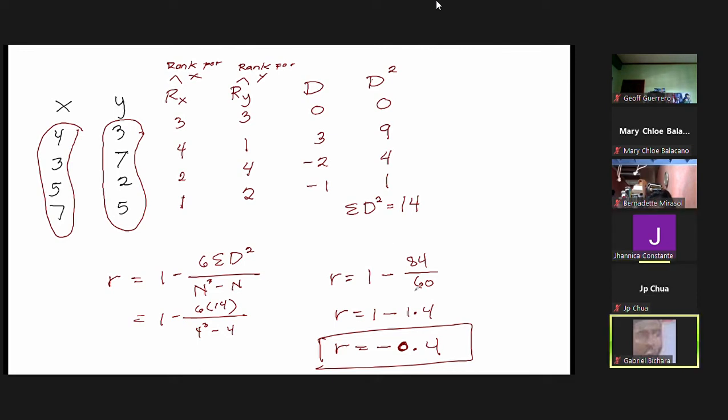Okay, let's have another example for the measure of correlation. Can I clear the screen for this one? For example, we have the set of data for the value of x.